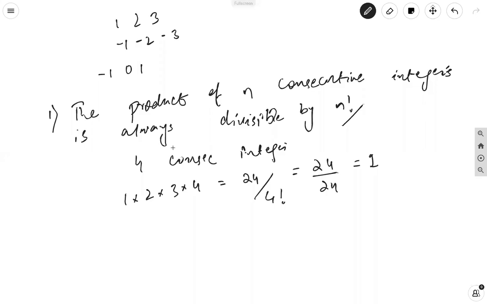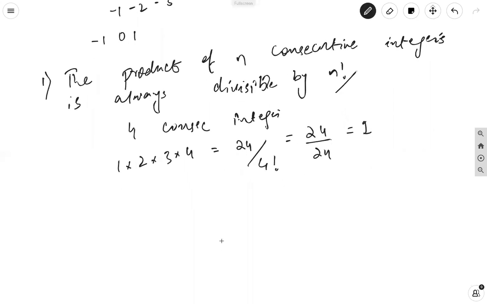So we're discussing the first property, that the product of n consecutive integers is always divisible by n factorial. First of all, do you all know about the factorial? What is factorial? Factorial is the multiplication of the sequential numbers down from that number.